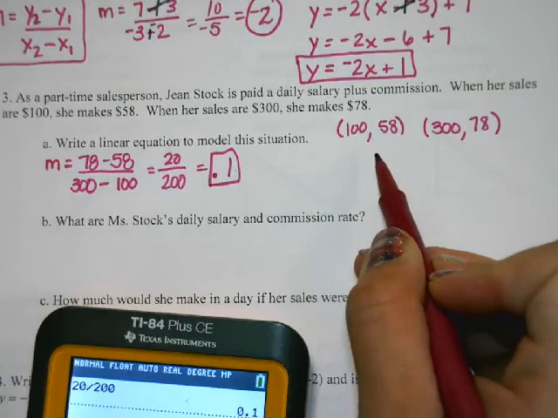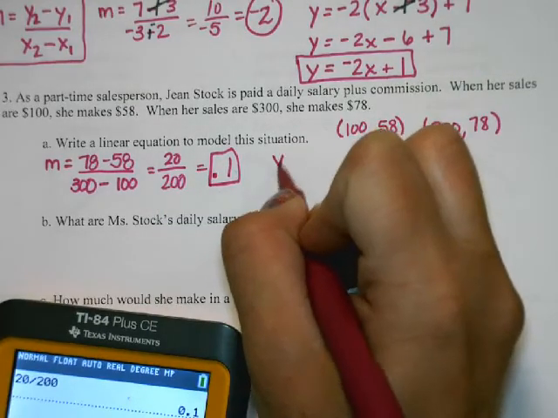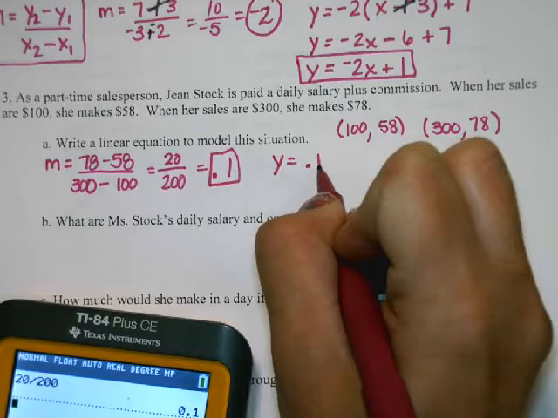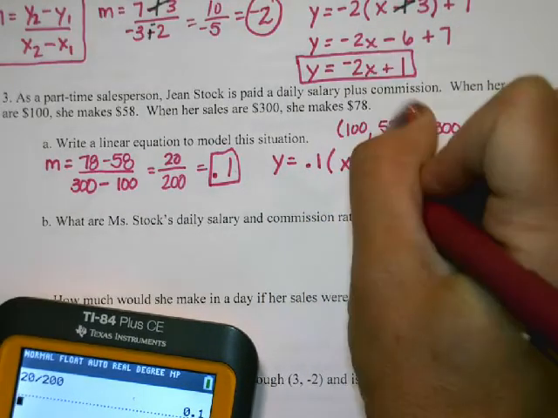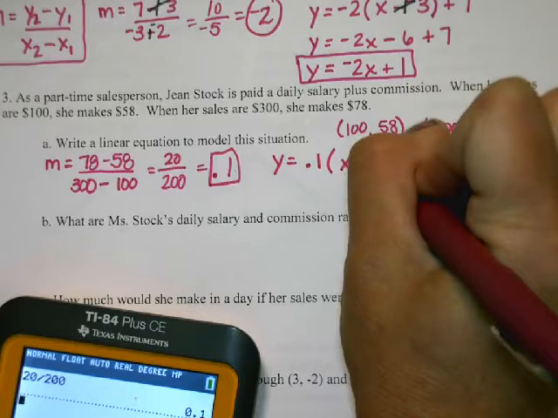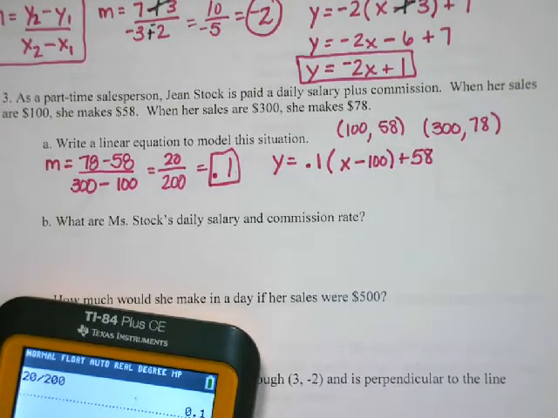Does it matter which point you use? Nope, it goes through both of them. I'm just going to use the first one because the numbers are smaller. So y equals 0.1 parentheses x minus 100 plus 58.